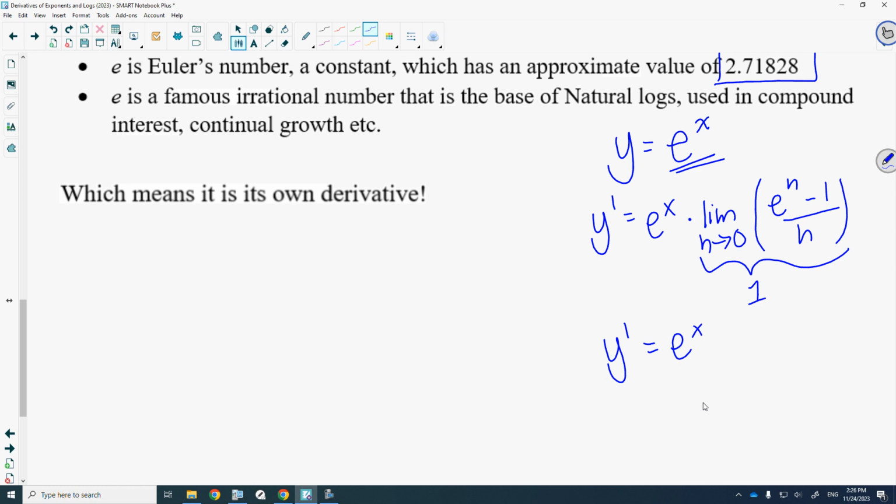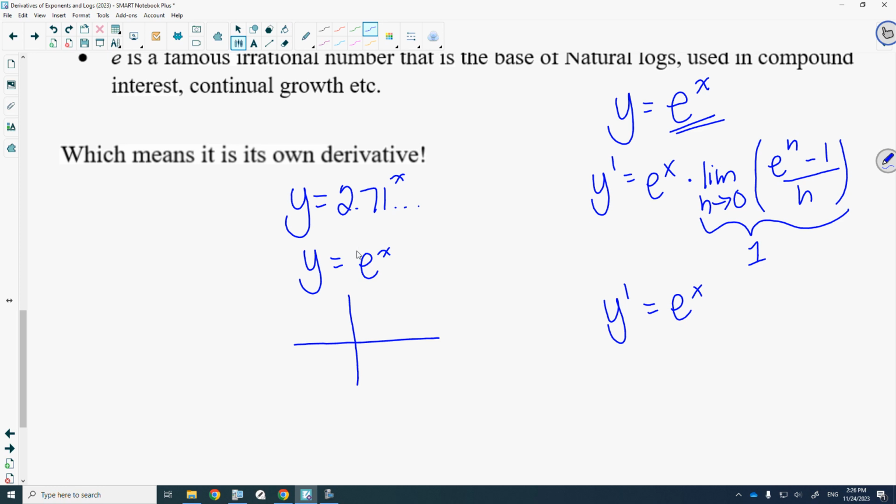A couple of things. I don't want you to freak out when you see e to the x. e is a number, an irrational number, and it would be like saying y is equal to 2.71 to the power of x. If I want you to graph y is equal to e to the x, the base is a number greater than 1, so it's going to be a growth function.